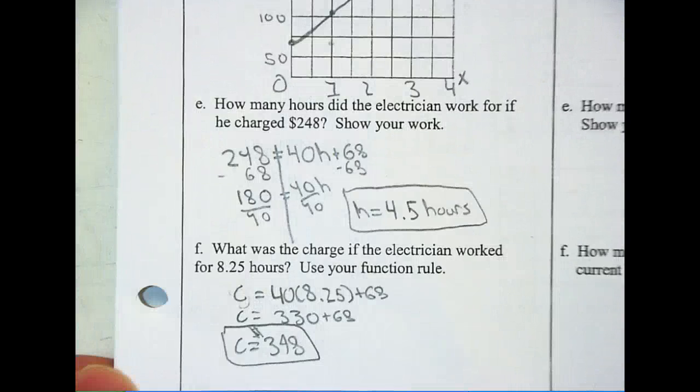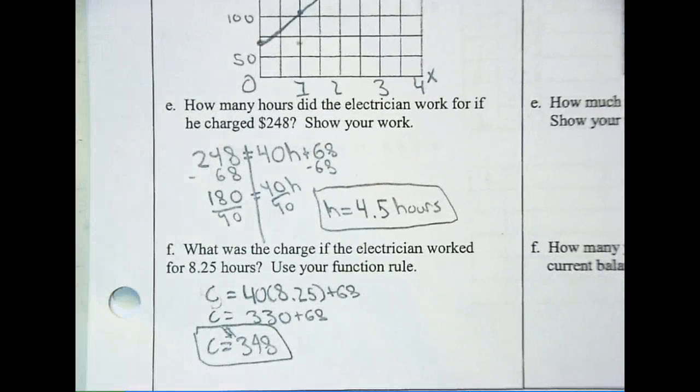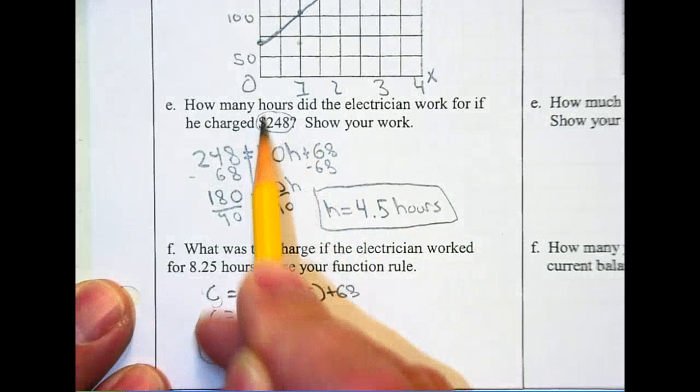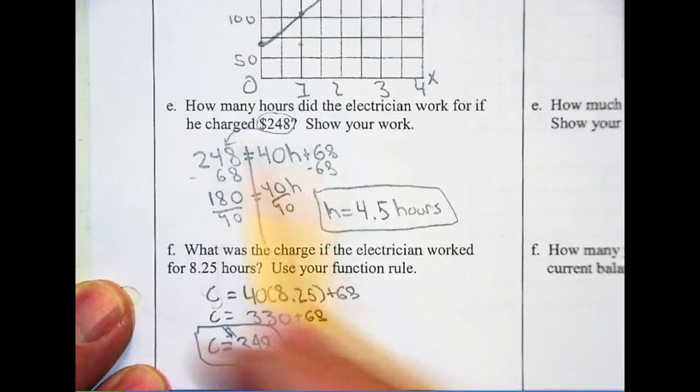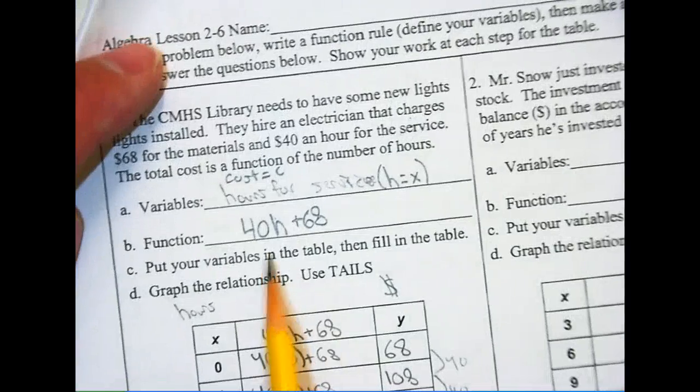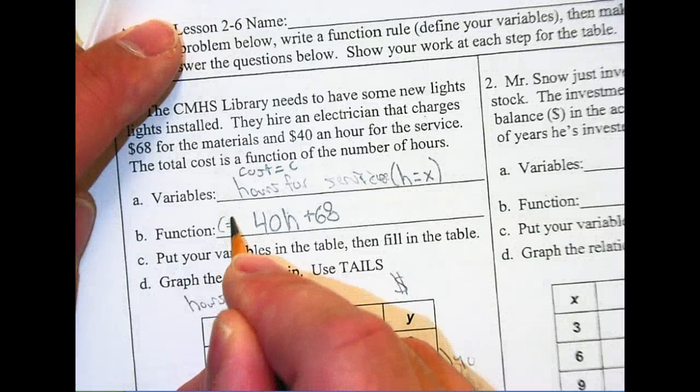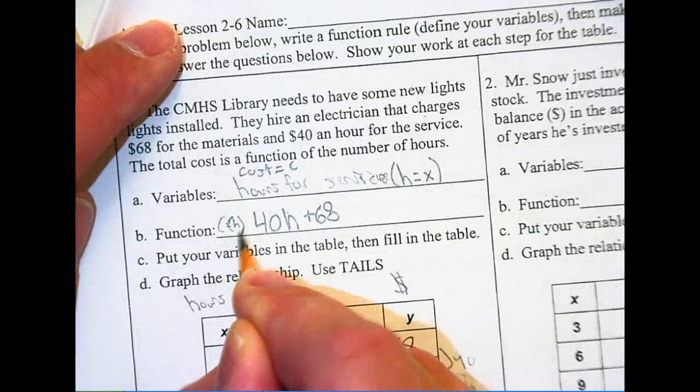All right, let's check out E. I might use E and F just to get us going. E and F, looks like Brendan's went through. How many hours did the electrician work if he charged 248? So the 248 is the total cost. That gets plugged in for C. We use our original equation up here. I'm going to write C of H in here. Brendan, I'm writing on your paper.